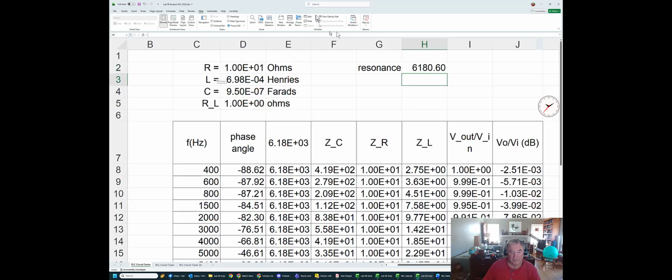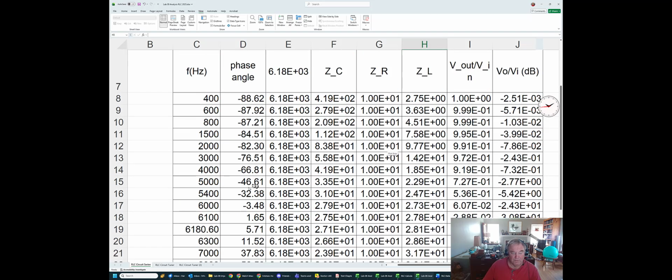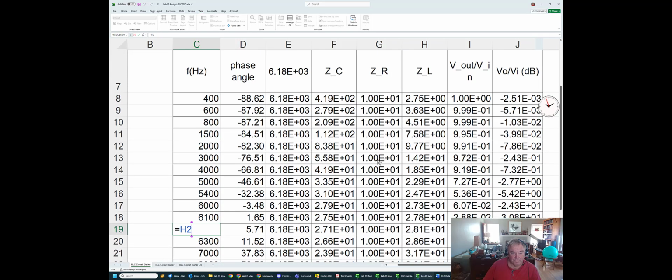And you see it's about 6,200. And so this is the data table you had, but what I've done here is now I've made this equal to that, H2 in this case.